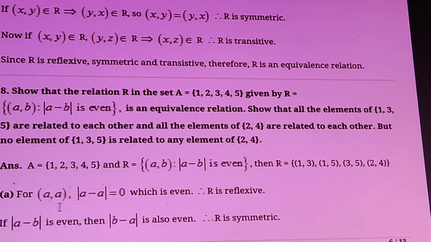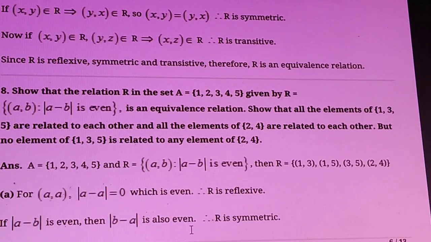For that, (a, a): |a − a| becomes 0, which is even. So R is reflexive. If |a − b| is even, then |b − a| is also even. Hence R is symmetric.